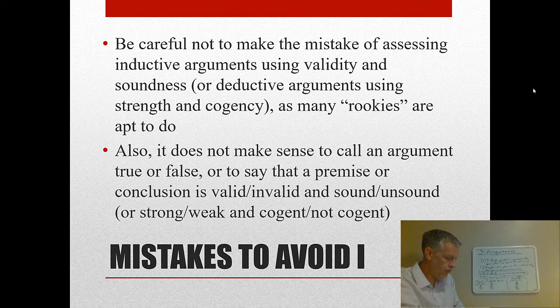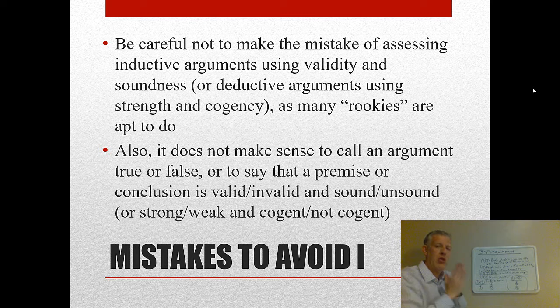Also, this happens all the time. You have to be very precise as we proceed. It's very important to be precise in logic and critical thinking. I can't tell you how many times I hear arguments referred to as true or false, or people referring to particular claims as valid or invalid, or sound or unsound.